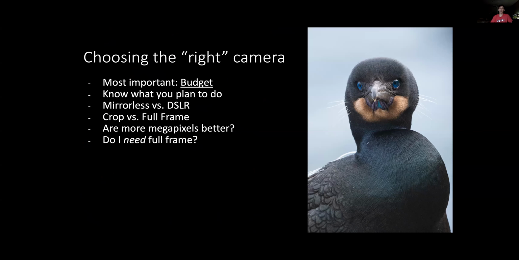When people ask what's the right camera for bird photography, the most important thing to consider is your budget, because that's really going to limit some opportunities, but you have great options at all levels. You really need to know what sort of thing you plan to do with it. Right now, all the talk is about mirrorless versus DSLR, crop versus full frame. Are more megapixels better? Do you really need to go full frame?